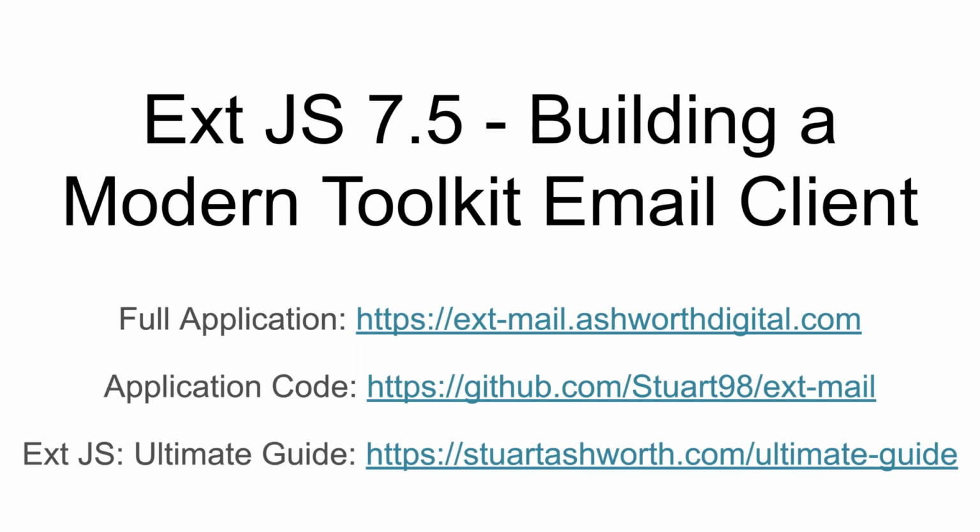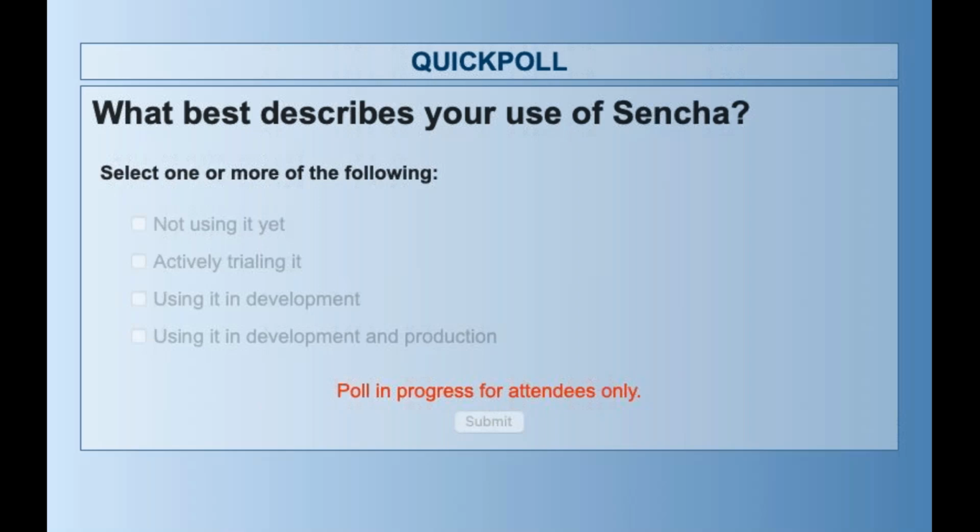Before we get in, just a couple of quick poll questions as we are live, to help guide this as we go through. As always, which best describes your use of Sencha? You're not using it yet, actively trialing it, using it in development, or using it in development and production?